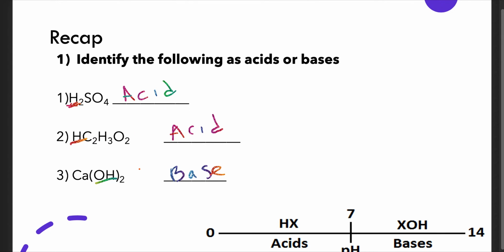An important thing to understand about these, for example, this first example here: when this substance is dissolved in a solution, we're going to have two ions form, or more like three actually. We're going to have two hydrogen ions and one SO4 ion.